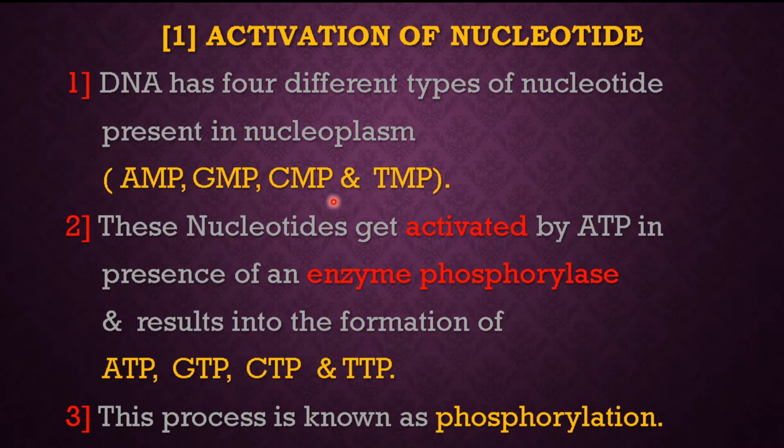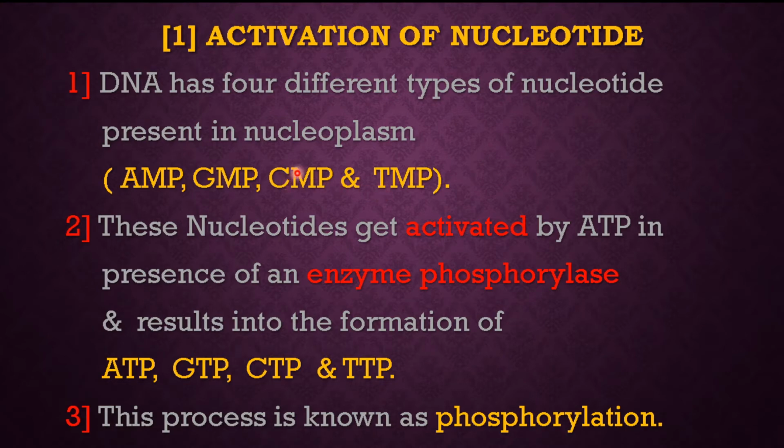These 4 nucleotides are there in the nucleoplasm, but initially they are in the form of monophosphate. That is adenine monophosphate, guanine monophosphate, cytosine monophosphate and thymine monophosphate.